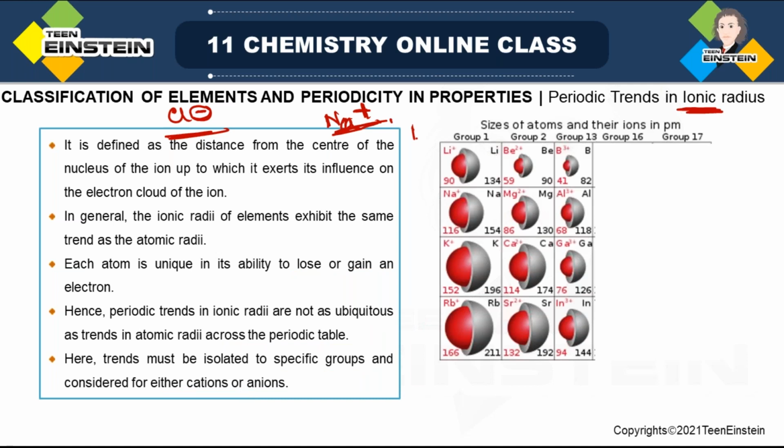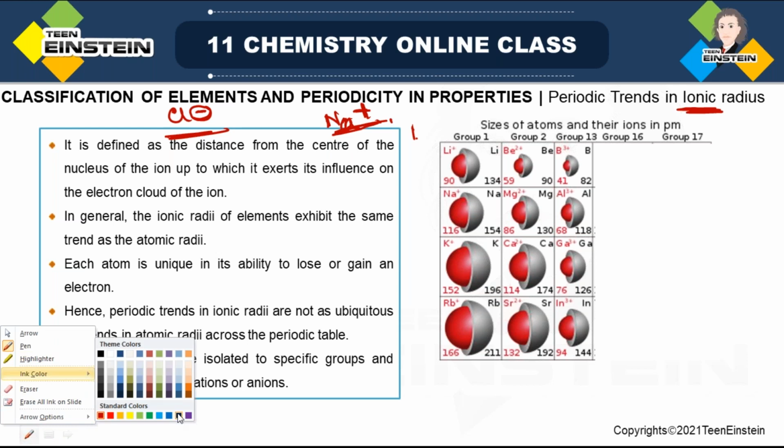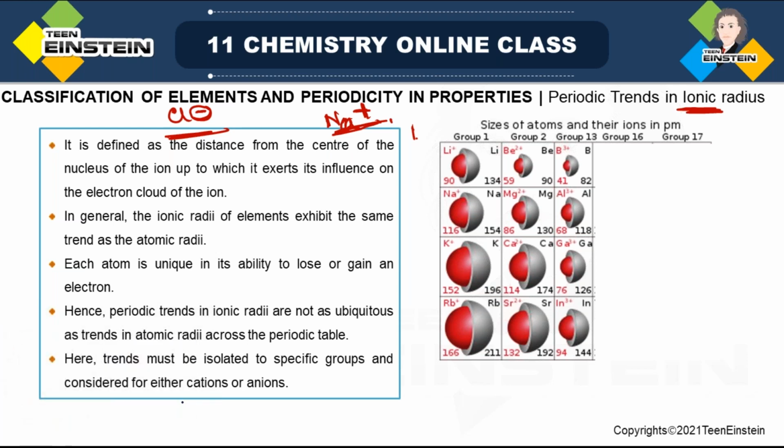But this picture will help you to have some idea. Here we have taken some cations. This is group 1, this is group 2, it is mentioned here, and this is group 13. The red part is the cation, and the gray part is the neutral atom.